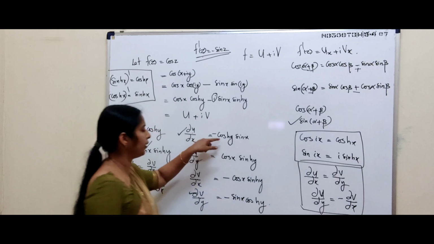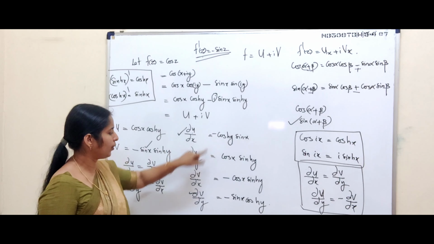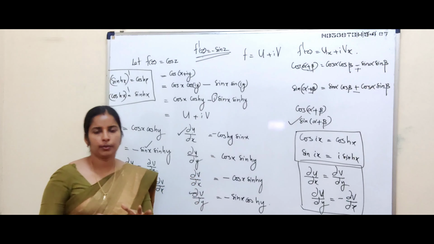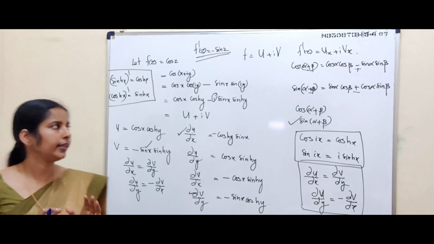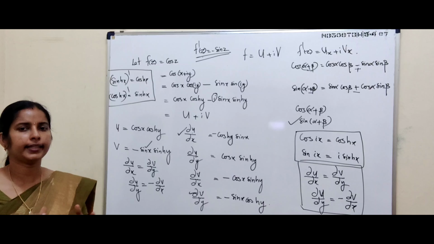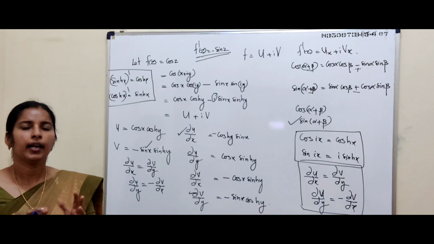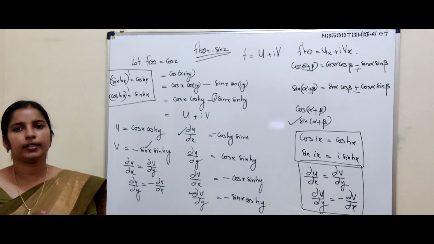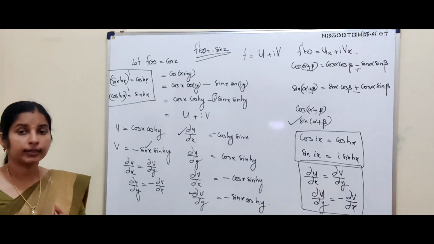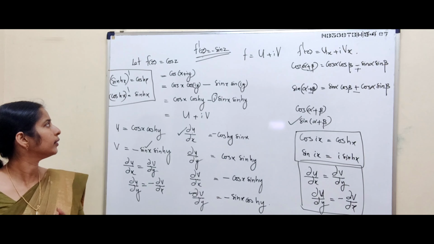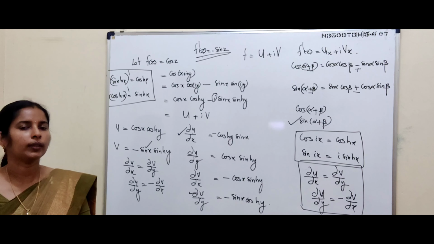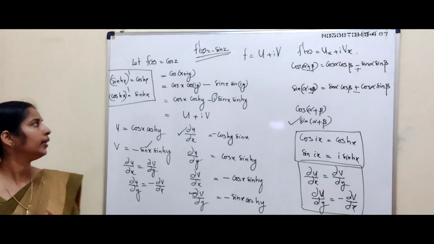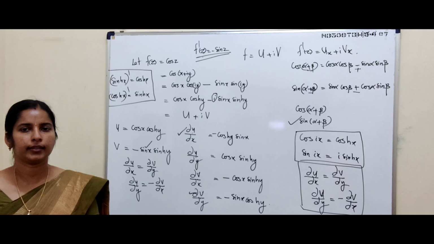That is, u_x is this, plus i into v_x. Either you write u_x plus i v_x, or you can simplify it, and after simplification you can see it is minus sin z. So the derivative of cos z is minus sin z. You simply write f dash z is minus sin z.